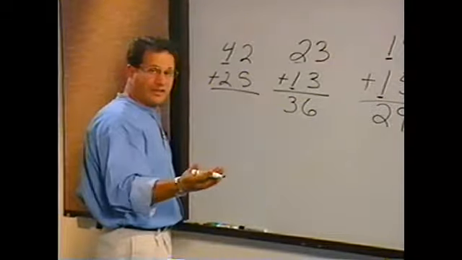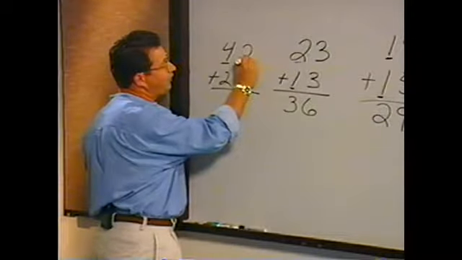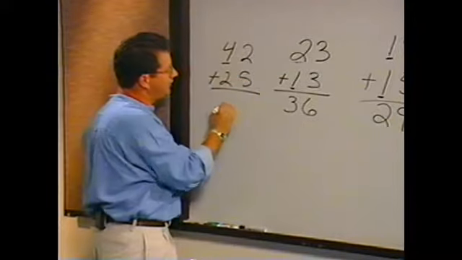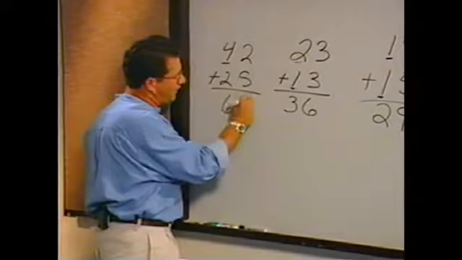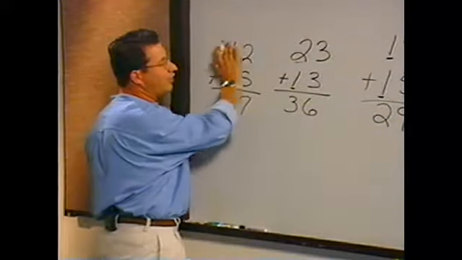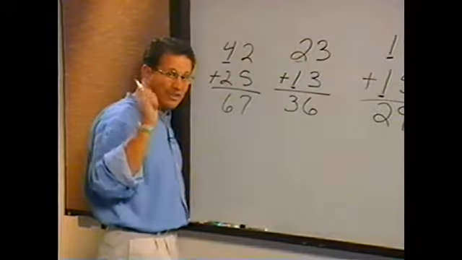The answer is 60. And now we just go to the next column. 60 plus 2 is 62, plus 5 is 67. And that's the answer. So you can see how it works. All you do is you start on the left, going to the right, keeping a running total out loud, sort of in your head. All right?